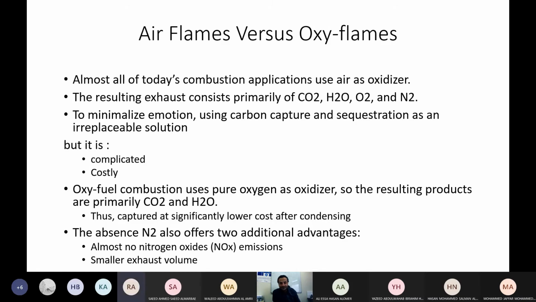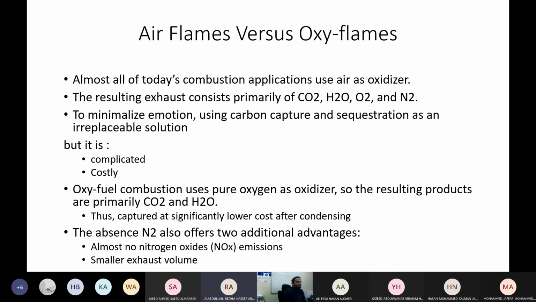I'm going to talk about oxy-methane versus oxygen-enhanced air flame for gas turbine application. Almost all of today's combustion applications use an air oxidizer. The resultant exhaust consists primarily of carbon dioxide, water, and oxygen and nitrogen.